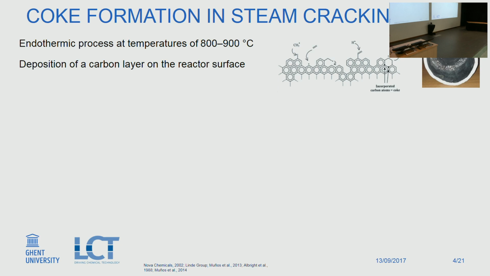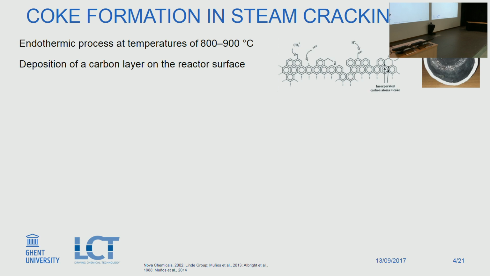One of the downsides of this process is called coke formation. I have to introduce you to this because this is what we want to prevent with our research, or minimize actually. You can see the result on the picture on the top right. The shiny part is a metal reactor, so that's what's supposed to be there.